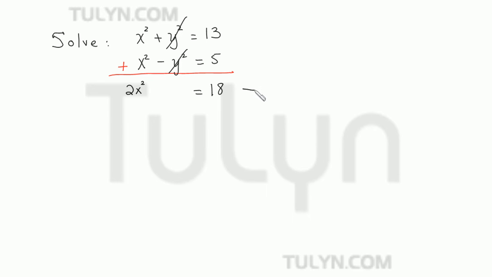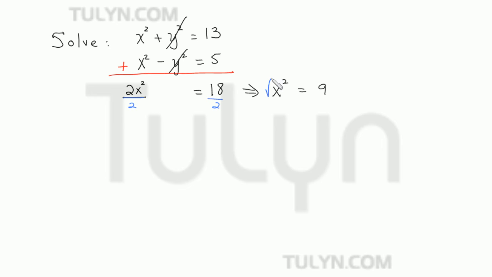So 2x squared is equal to 18, dividing by 2 on both sides. This gives us x squared is equal to 18 over 2, which is 9.